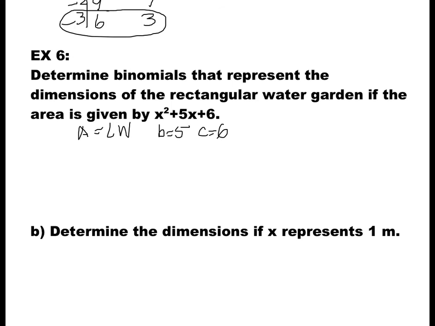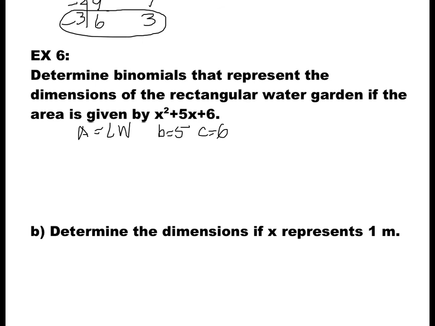After going through the different pairs using the table that we did in the previous example, such two numbers can be 3 and 2, because 3 plus 2 gives you 5 and 3 times 2 gives you 6.